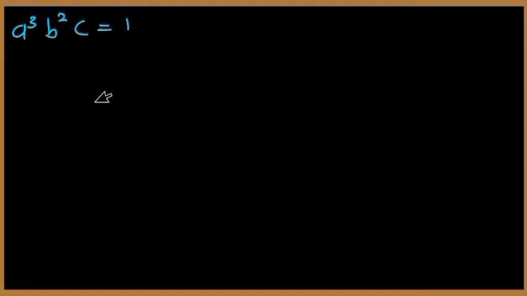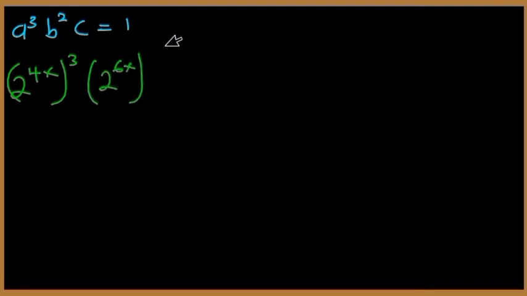So doing so, I'll have a is 2 to the power 4x all to the power 3 multiplying my b, where my b is 2 to the power 6x all to the power 2 multiplying c, where our c is 2 to the power 3px, bracket close, equals 1.